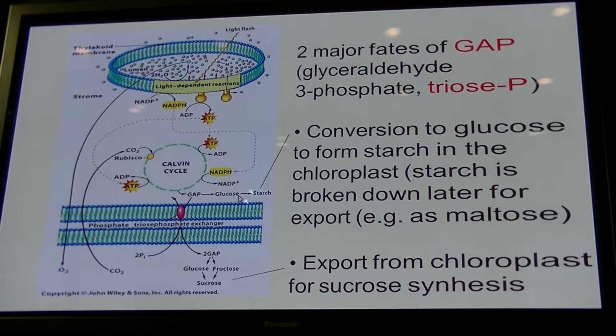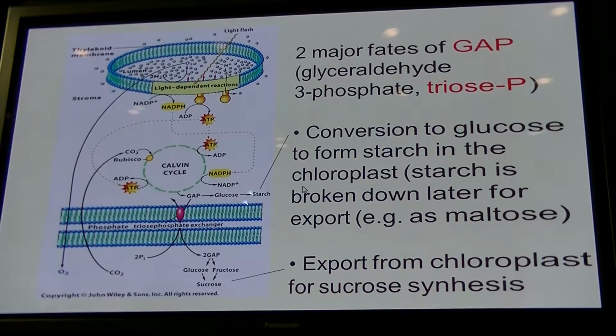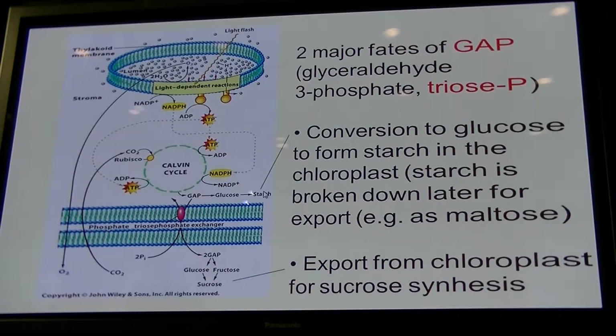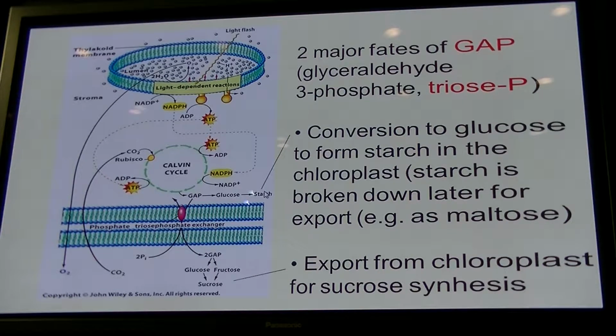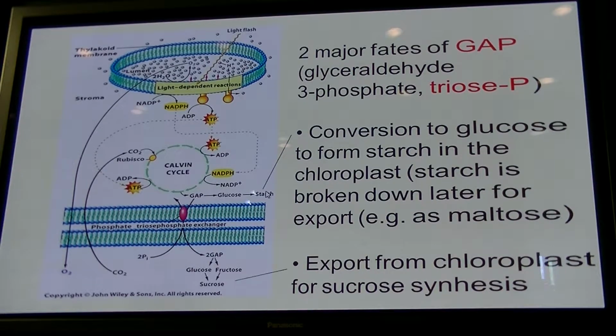It's a polymer of glucose. So starch can be stored in the chloroplast itself. That starch pool builds up in the day, and then in the night it's broken down, and the resulting hexose sugars are removed from that cell and exported to other parts of the plant.